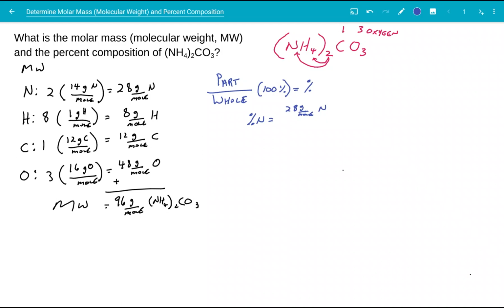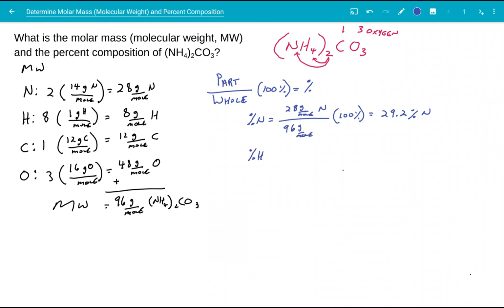So nitrogen, I'm just going to take the whole, the 96 grams per mole, and yes, the units do cancel out, but we want to keep the nitrogen, times 100%. Okay, and that's going to give us 29.2% nitrogen. Okay, now let's do the same thing for hydrogen.